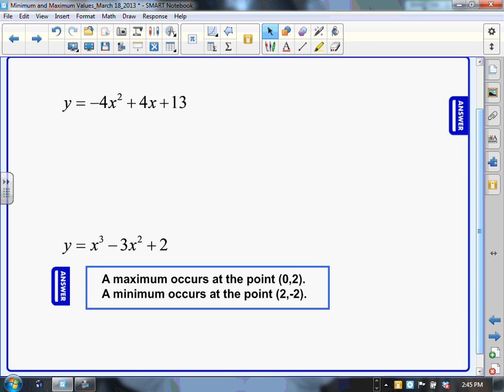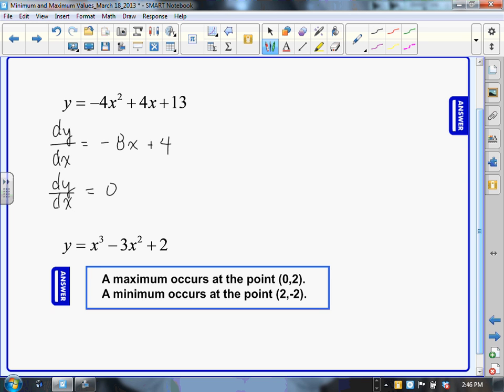So using calculus, we'll find our first derivative, dy by dx, and that's going to give us minus 8x plus 4. Okay, so what we would like to do, for that parabola opening downwards, is to find its absolute max. So we want to solve dy by dx equal to 0.